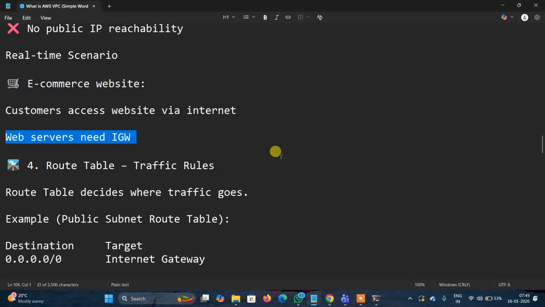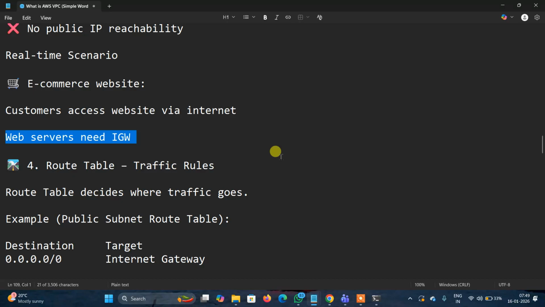Okay, what is my route table? A route table decides where the traffic goes. Suppose I type www.facebook.com from my computer. How does it reach the Facebook computer from mine? By using the route table.